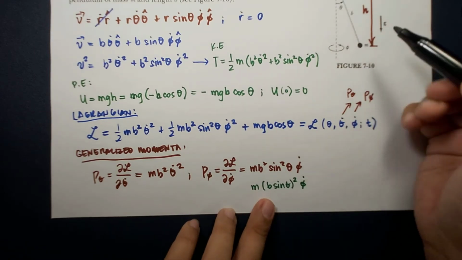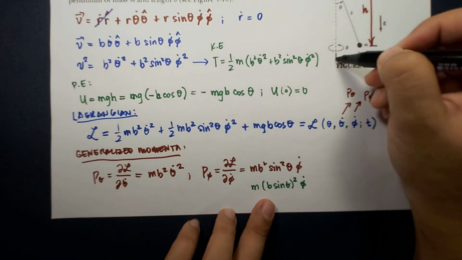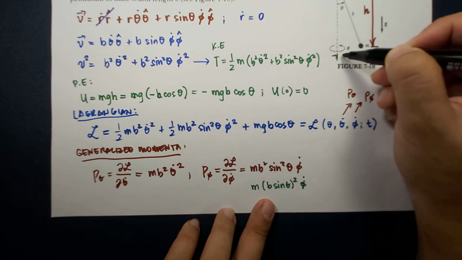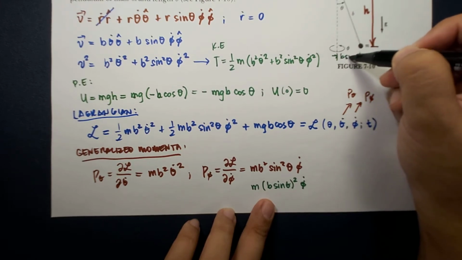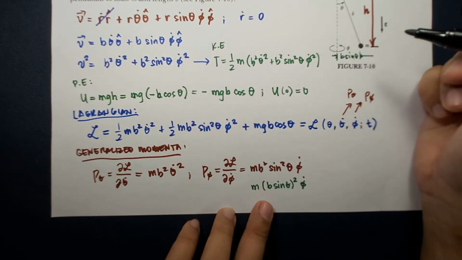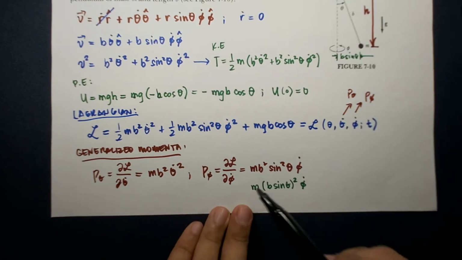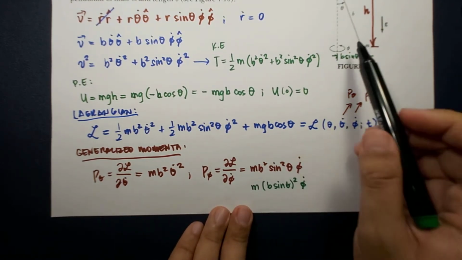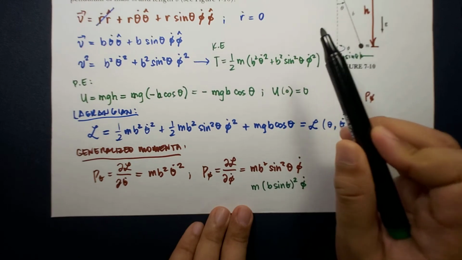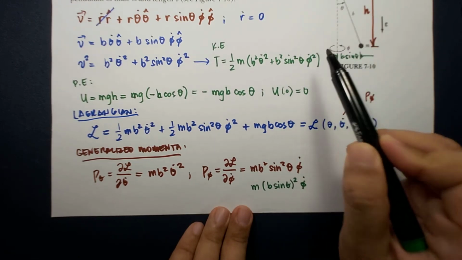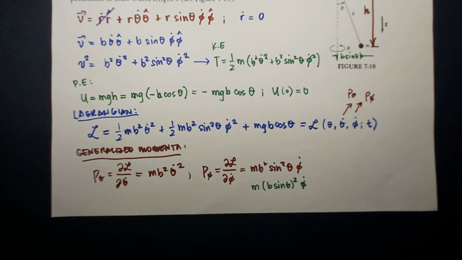B sine theta would be this direction. So this is b sine theta. Okay, so essentially p phi is the angular momentum along this direction. So it's consistent with our previous result.